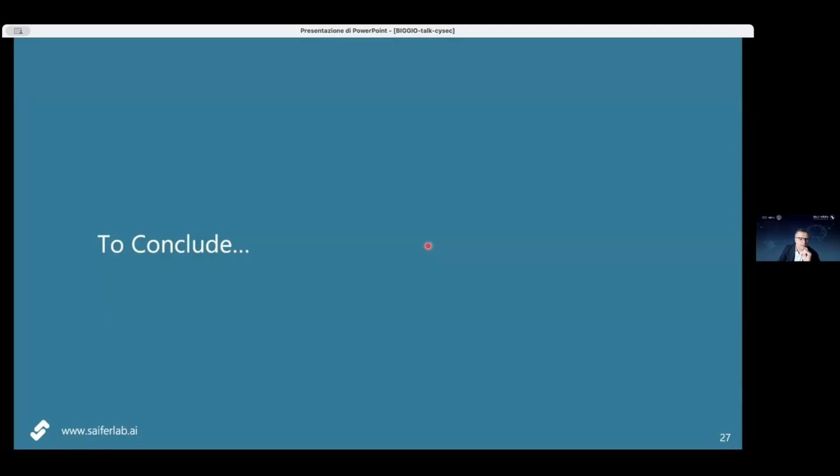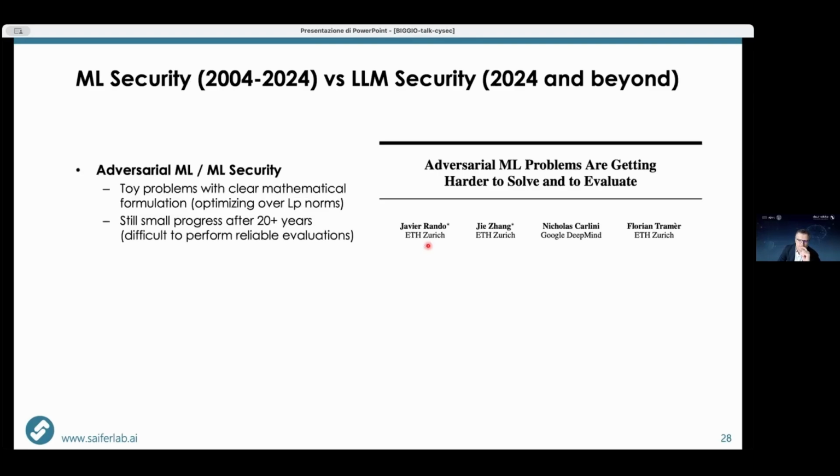I'm going to finish with this last slide. I like very much this paper from Rando, Zhang, Carlini, and Tramer, where they compare the transition that we have experienced from adversarial machine learning, from the traditional approaches, towards this new LLM era, let's say.